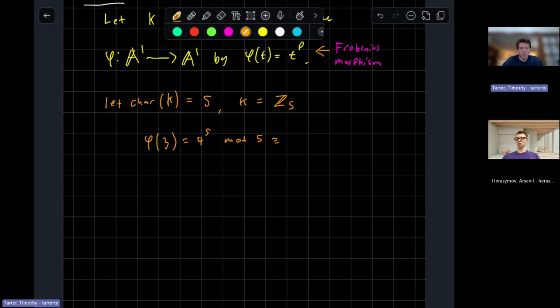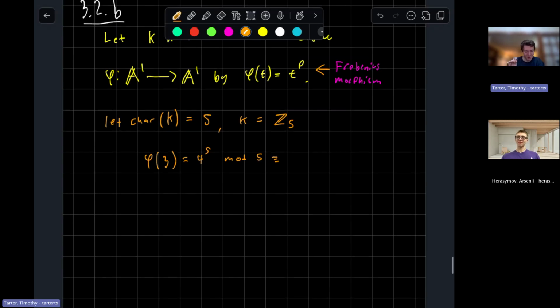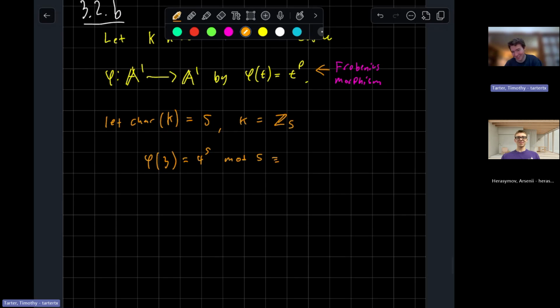I just need to check something. Okay, I have the answer. So if p is prime, then yes, this is an isomorphism. So we need to pick a p that's not prime for this to work, because then you get a torsion group.